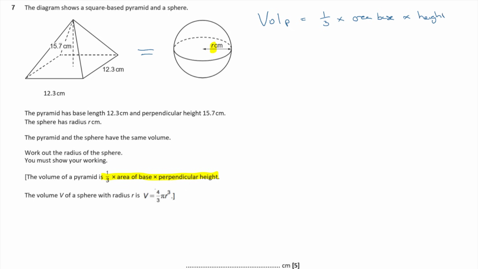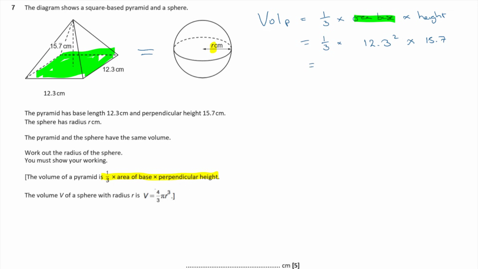Now, this particular pyramid is a square base pyramid, so the area of the base is going to be this area here, and because it's a square, it's quite easy to find. That's just going to be 1/3 of 12.3 times 12.3, isn't it? 12.3 squared, and then the height is 15.7.